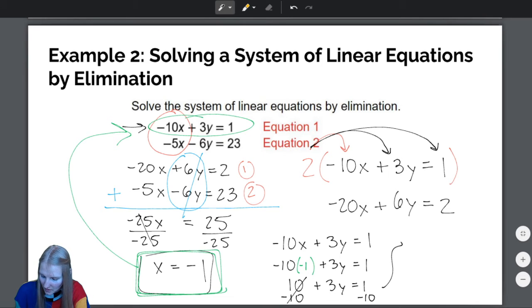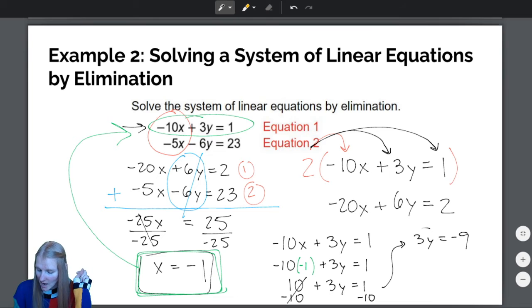3y equals 1 minus 10, which is negative 9.